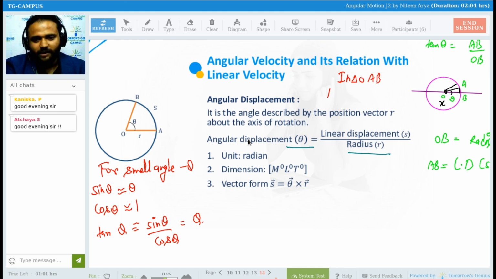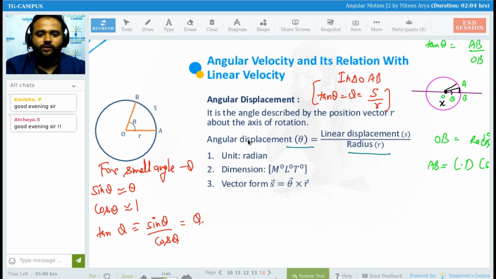Why should I give you this again and again? You don't need to remember this. Perpendicular upon base, right? The perpendicular here is AB, which is the linear displacement S, or arc length L, upon radius R. Got it? Is this clear now? So in this way we find the relation: angular displacement theta equals linear displacement upon radius.